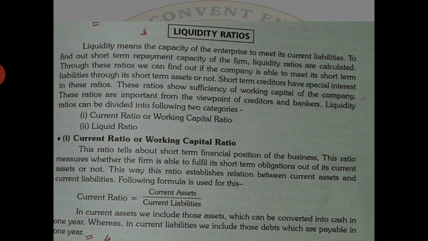When an enterprise needs to find out the short-term repayment capacity of the firm, then liquidity ratios are calculated. It shows whether the company is able to meet its short-term liabilities through its short-term assets or not.